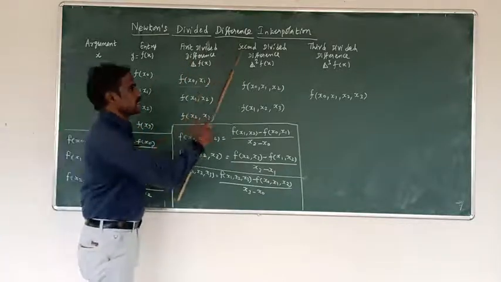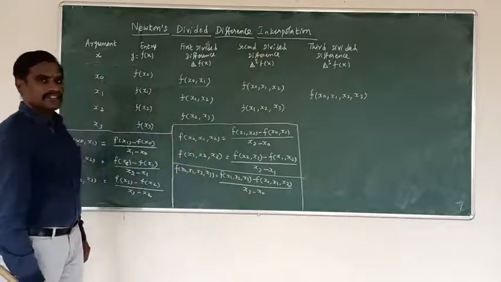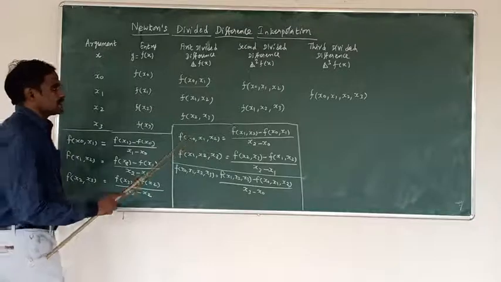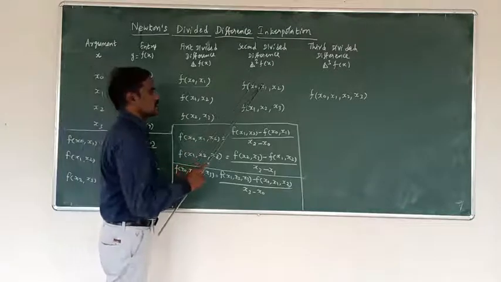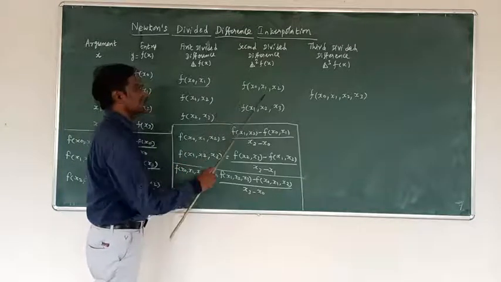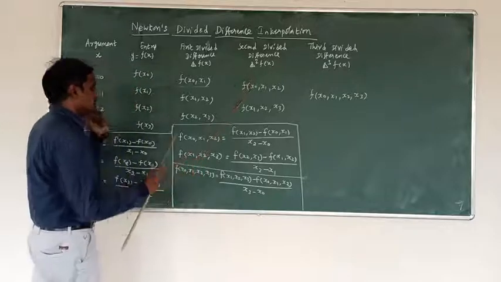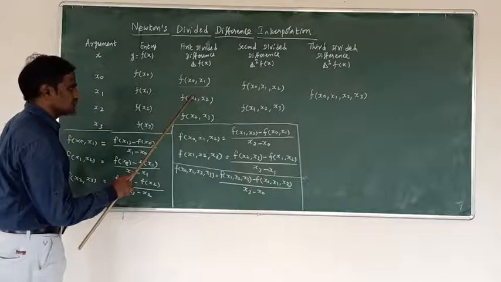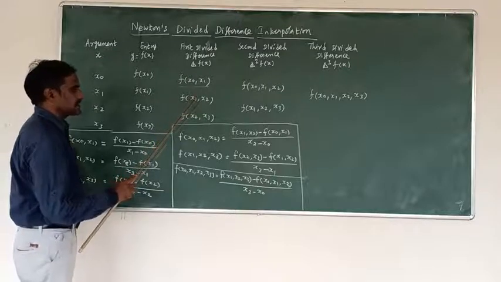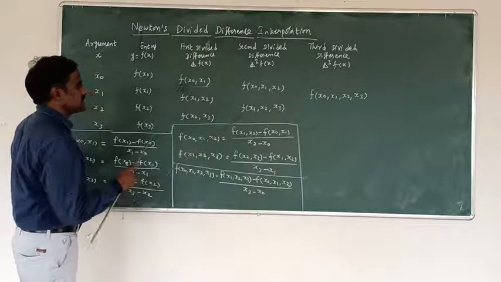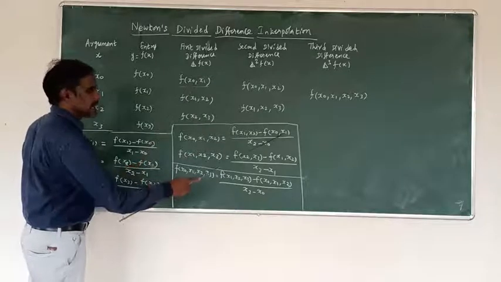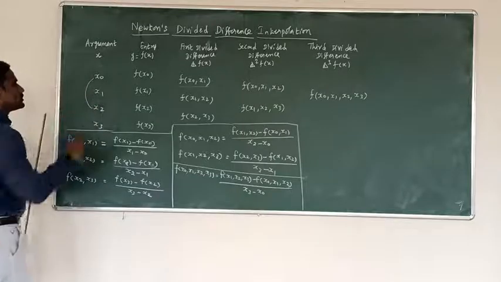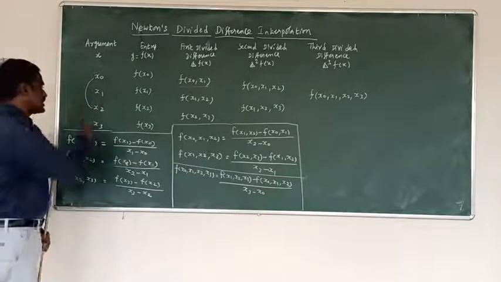Next, the second divided difference. This is the formula f of x naught, x1, x2: the difference between these two, that is f of x1 comma x2 minus f of x0 comma x1 divided by x2 minus x0.